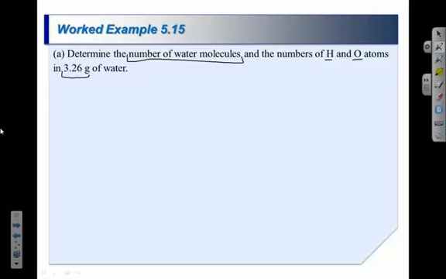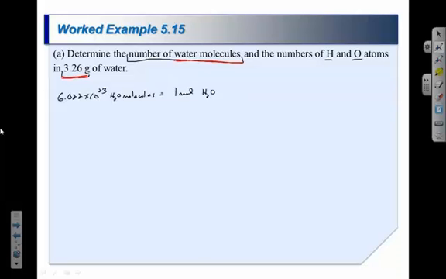So I already have a clue that when I'm dealing with individual tiny things, and I want to relate that to laboratory scale things, I'm going to need to use Avogadro's number as a relationship. So I can already establish that as a relationship between the number of molecules and a mole of those molecules.